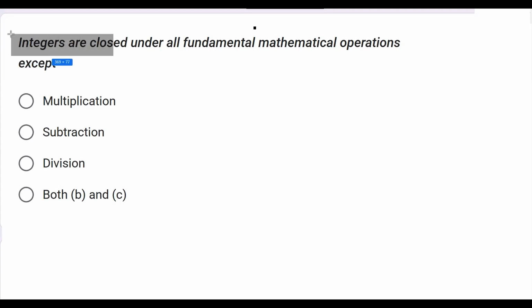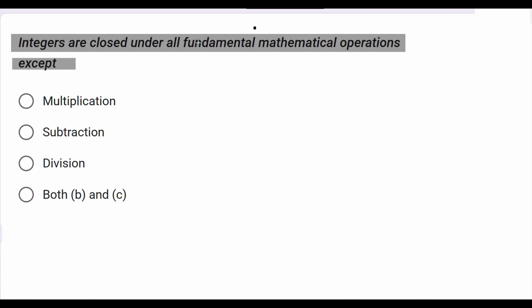The question here says that integers are closed under all mathematical operations except for what? What we know is that on multiplying two integers, we get an integer. On subtracting two integers, we get an integer. But in case of division, there is one such case when we divide any integer by 0, which is an integer only, we don't get an integer, right? This is not an integer.